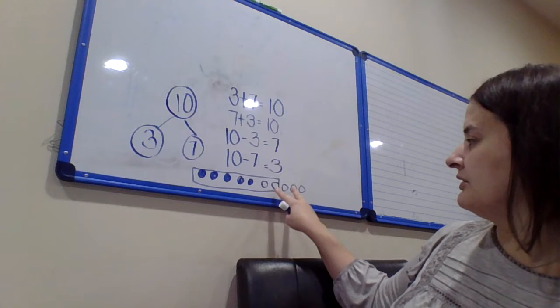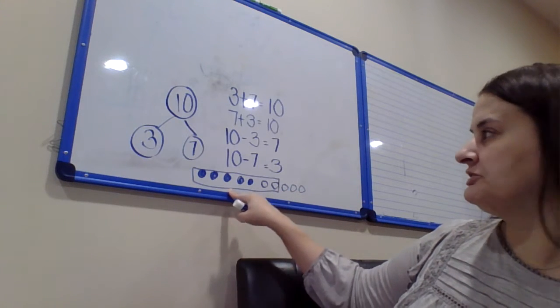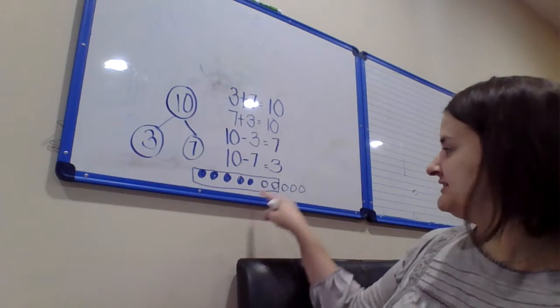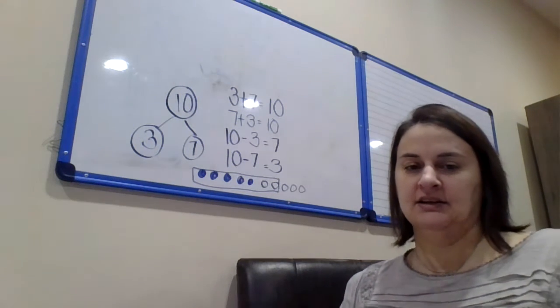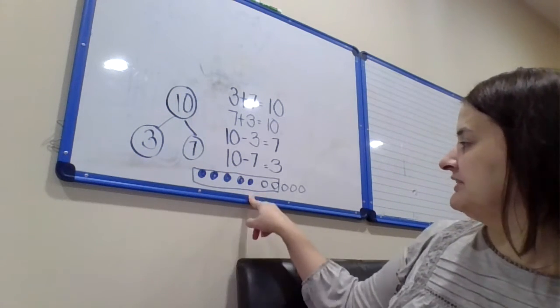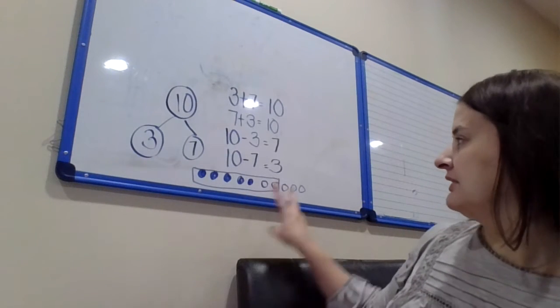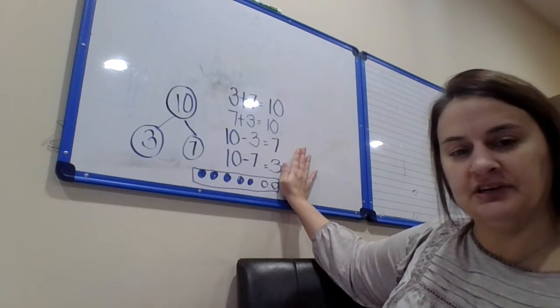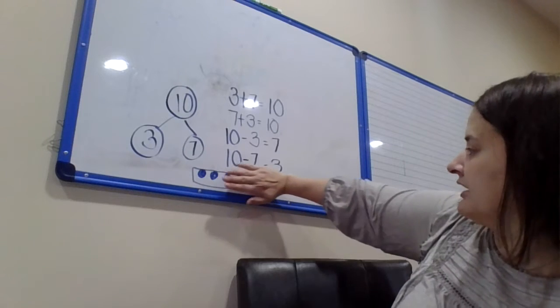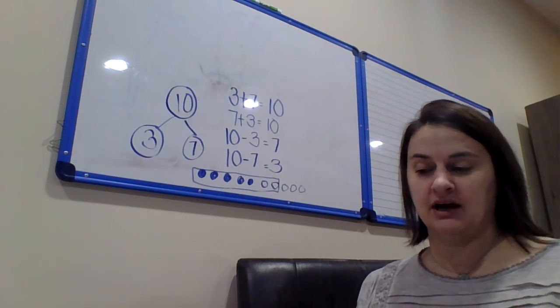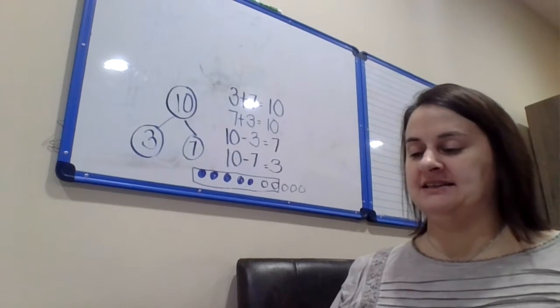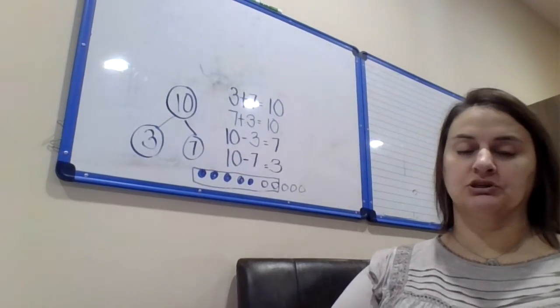So it doesn't matter if I do 7 from this direction or that direction. I can say the 7 and the 3, making 10. So I can put the 3 plus 7 or the 7 plus 3. I can put 10, take away 3, leave 7, or I can put 10, take away the 7, leaves me 3. Got it? You're going to do that today on this turkey paper.